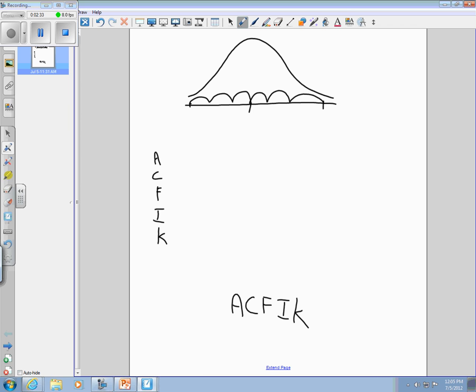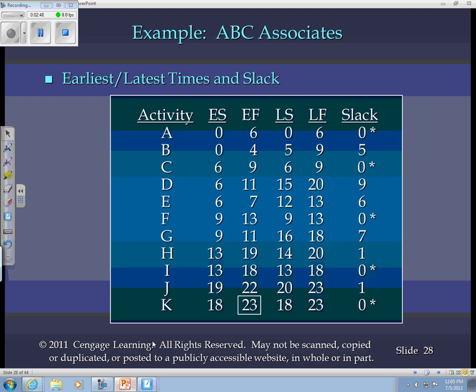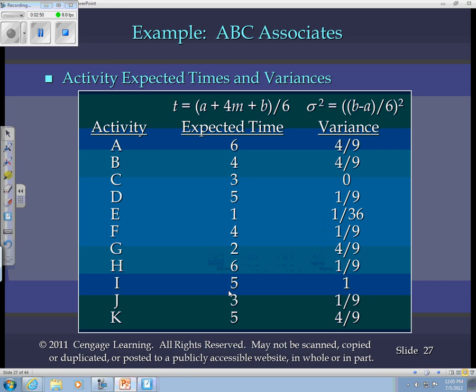Why? Because those are going to serve as a proxy for completing the entire project. In other words, if we were able to complete the critical path in a particular period of time, then we're saying we're able to complete the entire project in a particular period of time. Okay? So let's look at these.